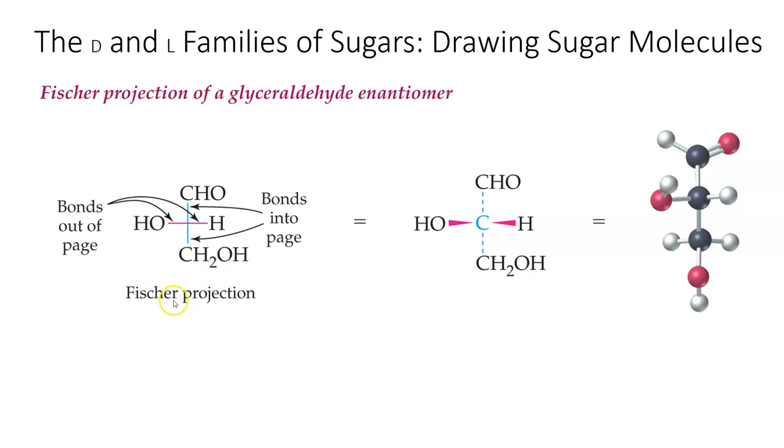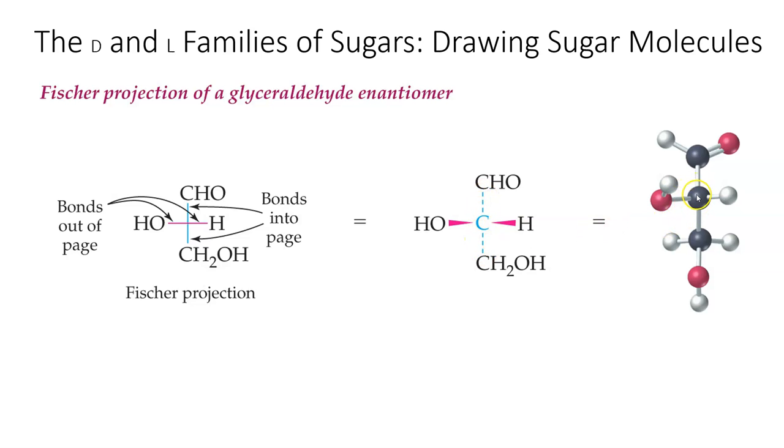In terms of the Fischer projections and what they are trying to represent, you can see how this is organized here. It's a little bit different than what we have been seeing, where that cross in between has a carbon there. And that carbon is supposed to be back into the page or into the screen. And these groups on the sides are actually coming at you, towards you, as shown with these little bars coming out at you. And then this would be coming back from the page out towards you a little bit more.